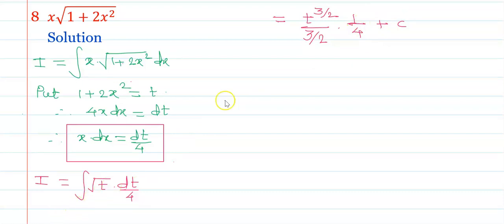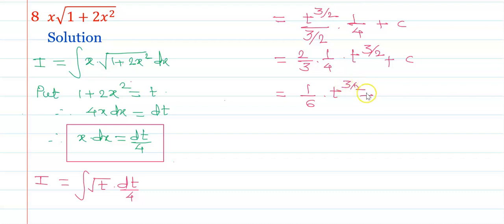Of this, multiplying by the reciprocal, you will get 2 by 3 into 1 by 4 into t raised to 3 by 2 plus c, and overall you will get 1 by 6 into t raised to 3 by 2 plus c. Resubstitute the value of t.